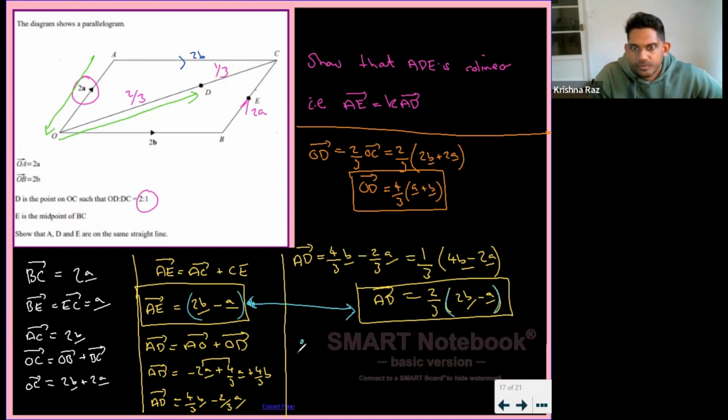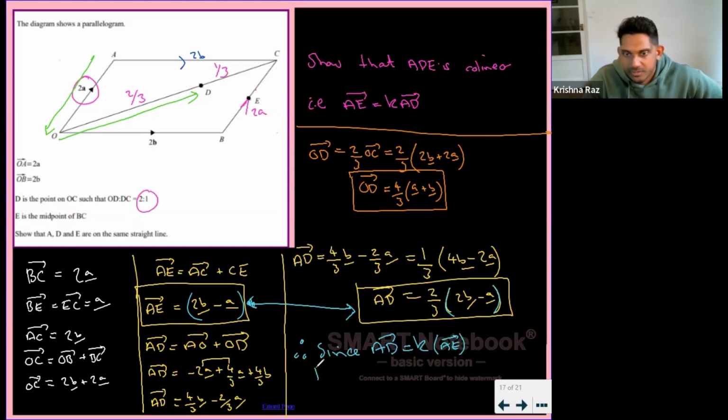Yeah, so therefore, since AD equals K times AE, i.e. K equals 2/3, they are collinear.